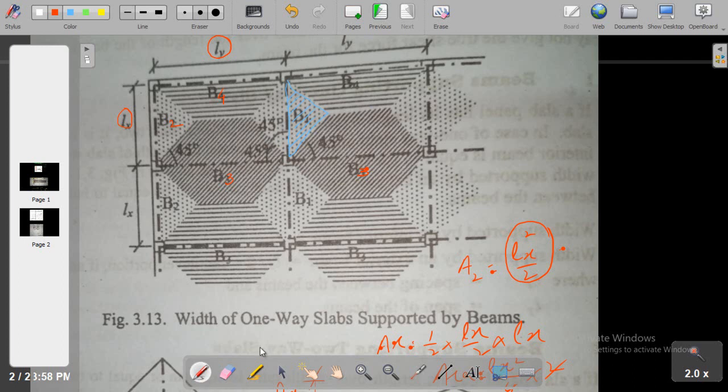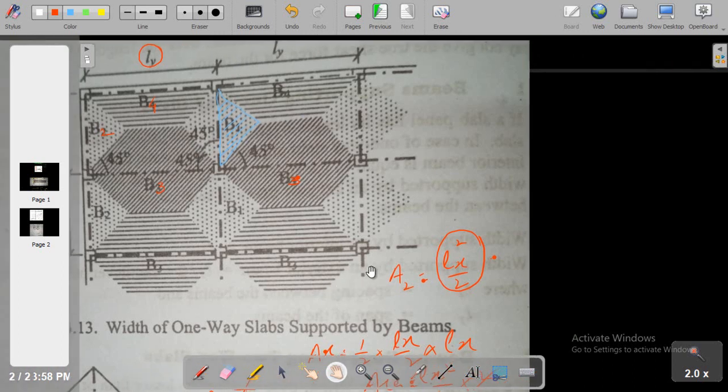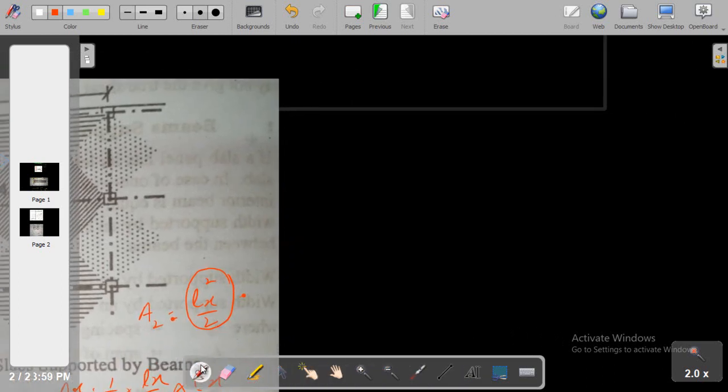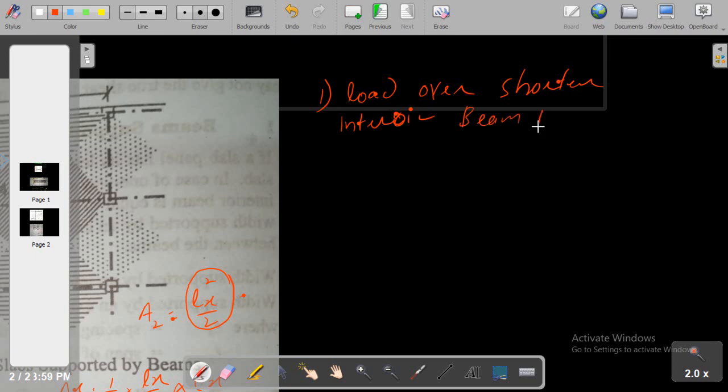So in this case, like the shorter interior beam, let me write this here, this is my first case: load over shorter interior beam B1, sorry.